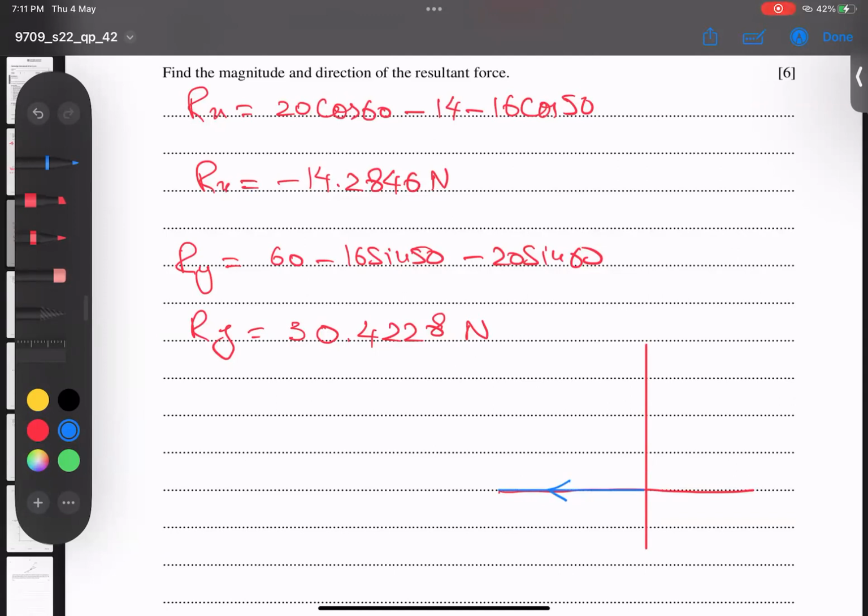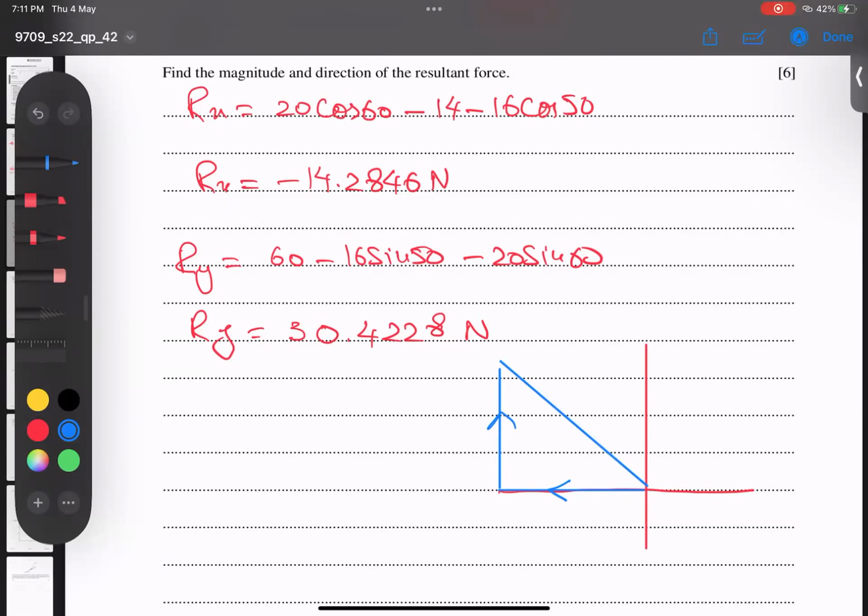Now for Ry, positive or negative? Upwards is positive and downwards is negative. Its situation is very clear, this is positive. So I will make Ry here.